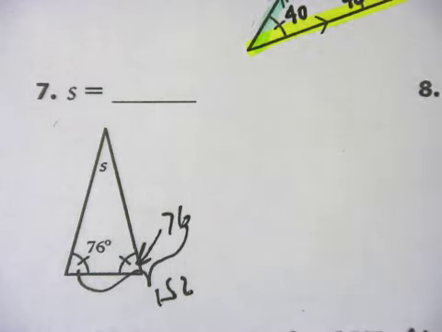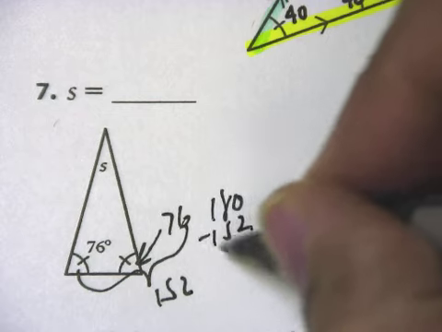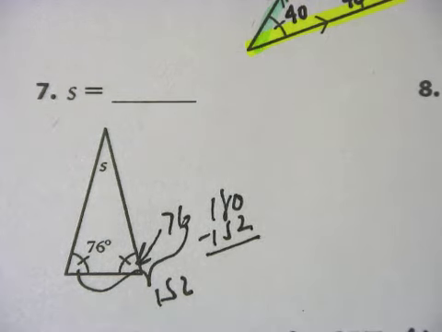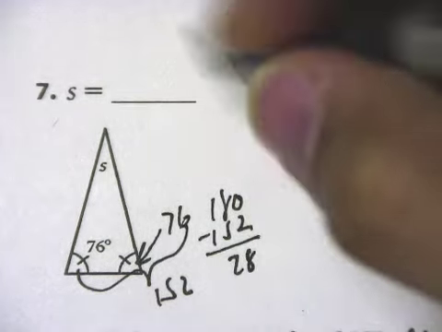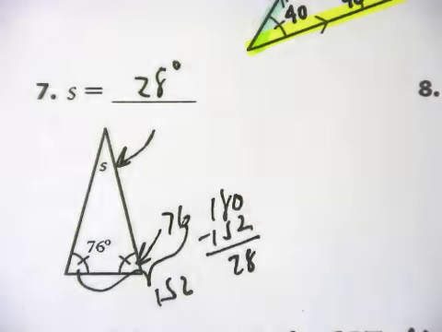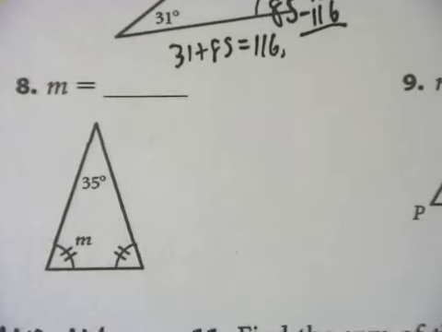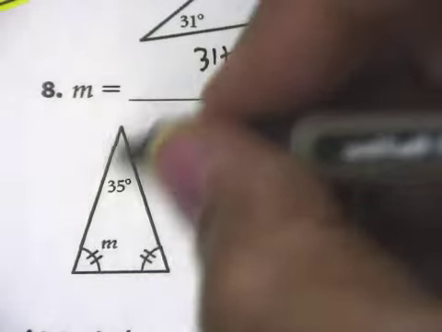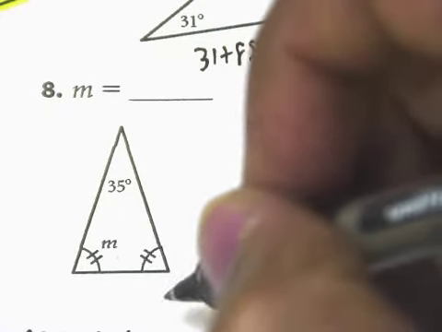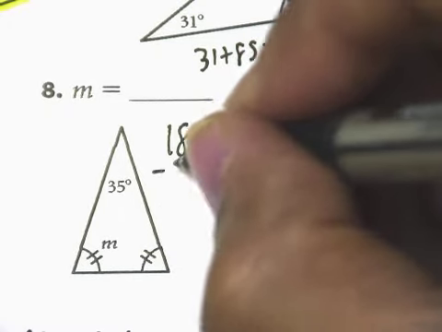I add these two together and subtract from 180. These two angles together come out to 152. Subtract 180 minus 152, and I get the answer, which is 28 degrees. So I know that S is 28 degrees.